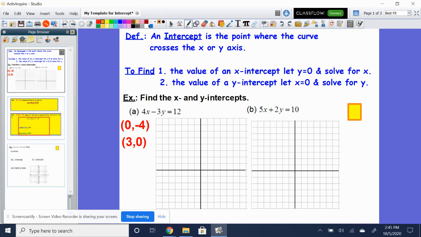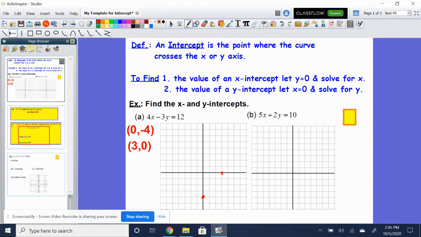But now I want you to plot your y-intercept at -4, 1, 2, 3, 4, and then our x-intercept at 3, 0, 1, 2, 3, and then we get our handy dandy straight edge and we connect our two dots, and lo and behold, we have the graph of the line with minimal algebra. How cool was that? All right, let's try another one.